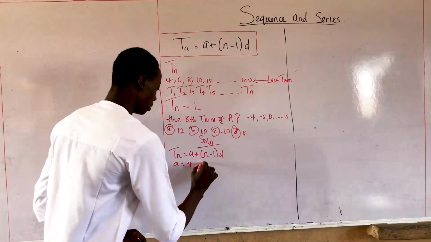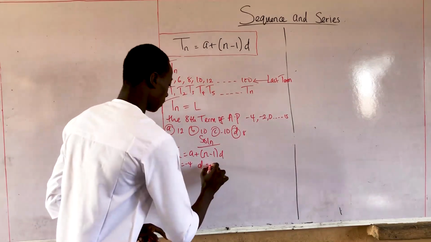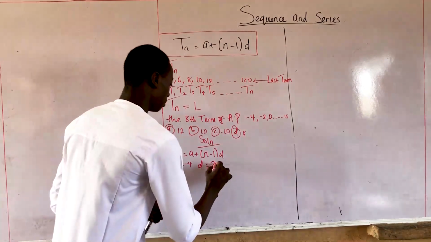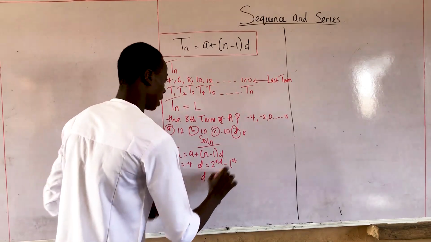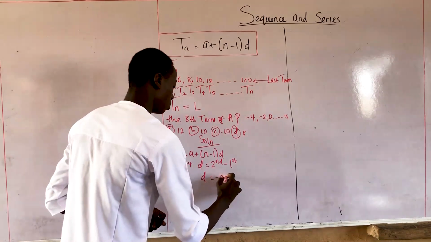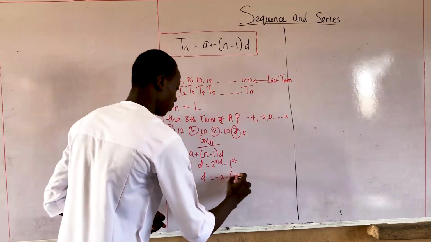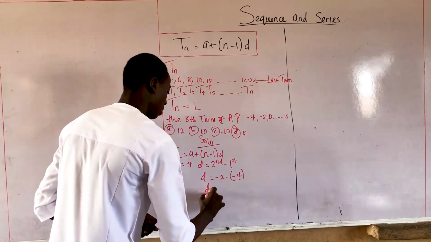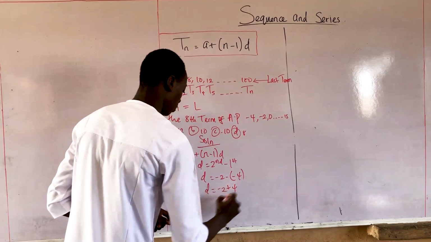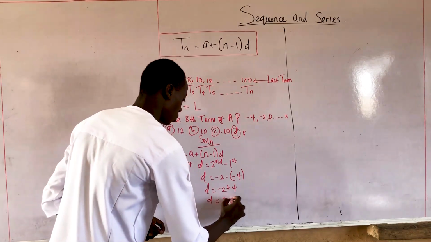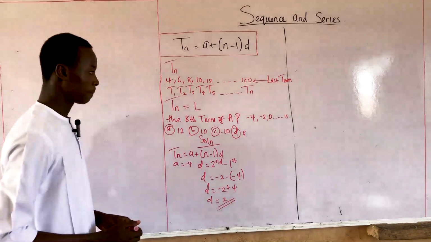What about our d? Our d is the second term minus the first term, right? Our second term is minus 2, minus, what is our first term? Minus 4. So from here we have our common difference is equal to minus 2 minus times minus plus 4. Common difference is equal to 2, right?